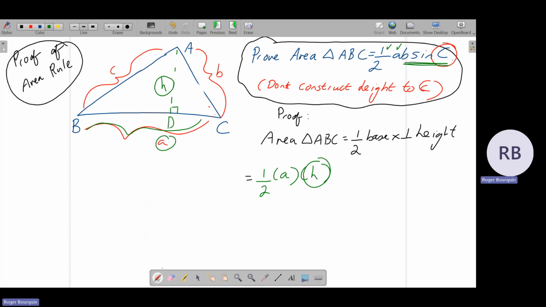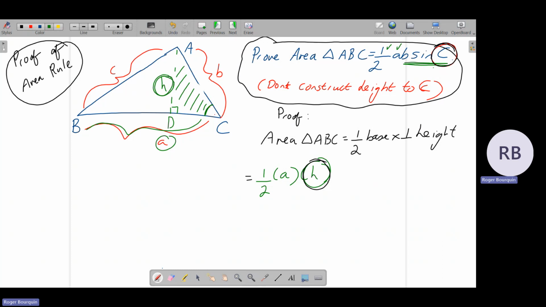Okay, so then I need to pick a right angle triangle which has two things in it. It has to have the letter H, but I want to get rid of sine C, so it's got to have angle C as well. And the triangle that does that is this triangle over here. I've got angle C in it, and I've got the perpendicular height, which I've got to get rid of, over there.